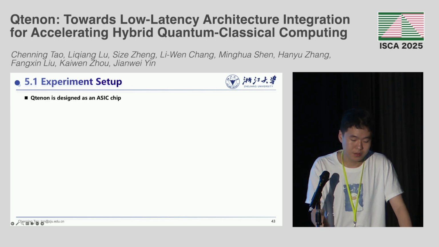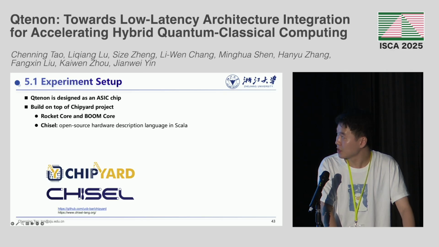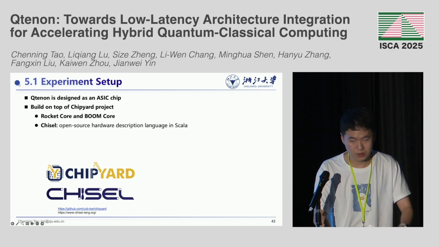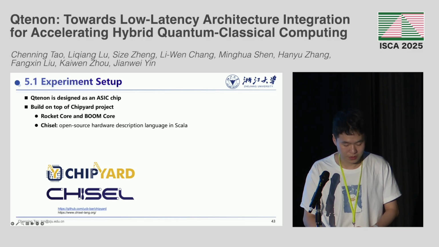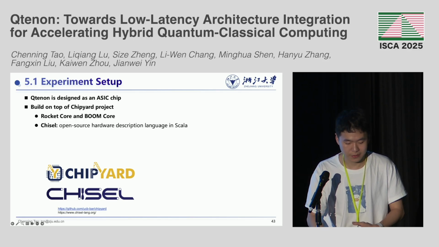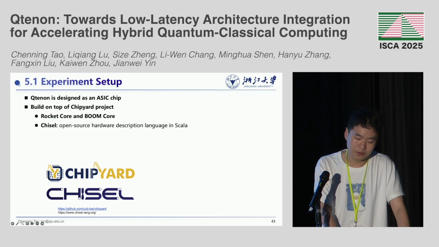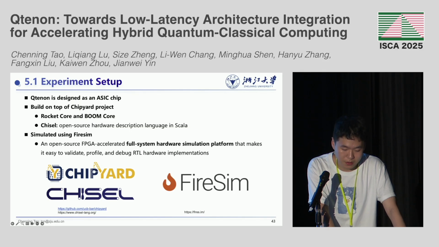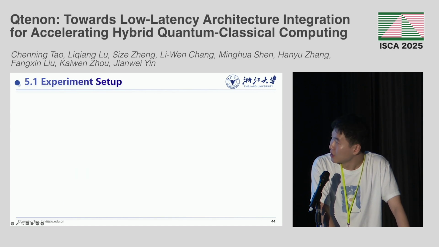Qtenon is designed as an ASIC chip, and it's built on top of the ChipYard project. For the classical part, we use open-source RISC-V cores like the Rocket core and Boom core, and use the Chisel language to develop the quantum controller. All the results are simulated using the FireSim framework.